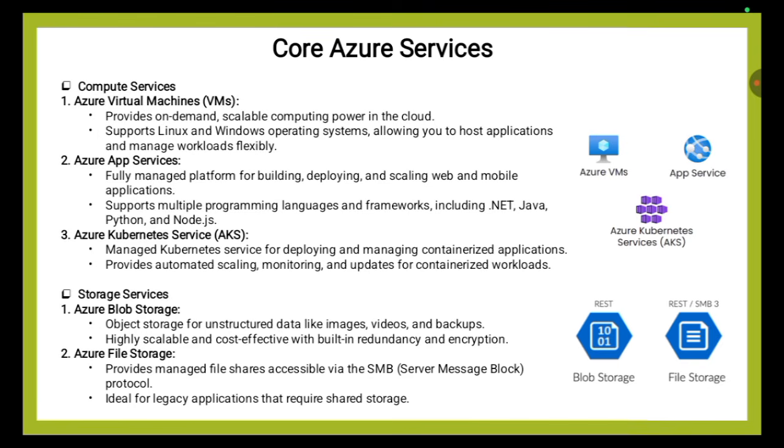Azure App Services is a fully managed platform for building and hosting web and mobile applications using popular frameworks like .NET, Java and Python. Azure Kubernetes Service is a managed Kubernetes service for deploying and managing different applications with built-in scaling and monitoring.